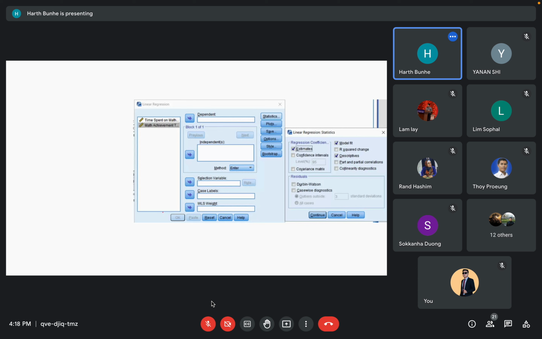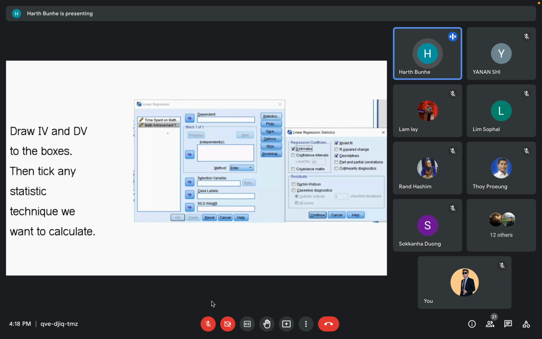You bring the IV into this box, Independent, and the DV into this box. And as mentioned earlier, what is DV and what is IV? Math achievement is the DV, and then time spent is the independent or IV.